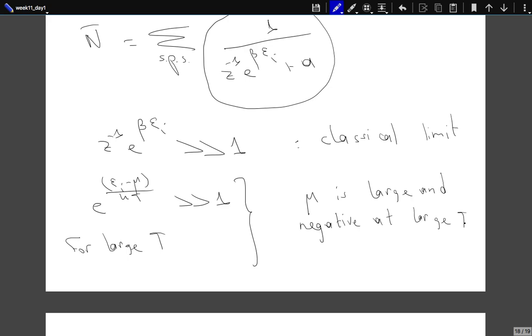So at least some particles in my system will not behave classically. The only way to guarantee that all particles behave classically in the large T limit is when mu is large and negative, negative meaning smaller than the minimum value of epsilon I. The ground state energy we can just fix to 0, so anything smaller than that is negative. In that sense, mu should be negative.